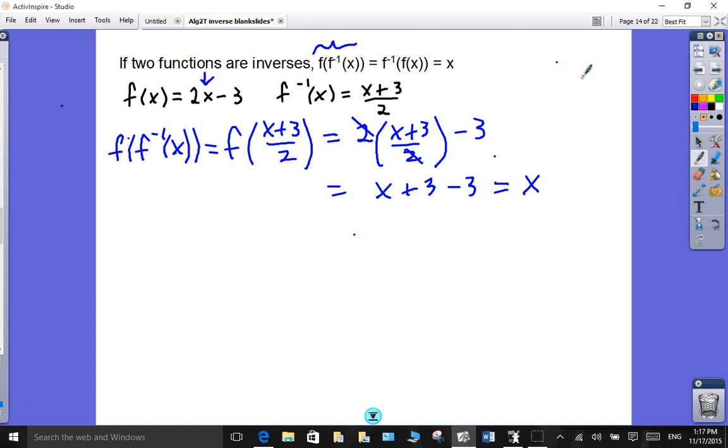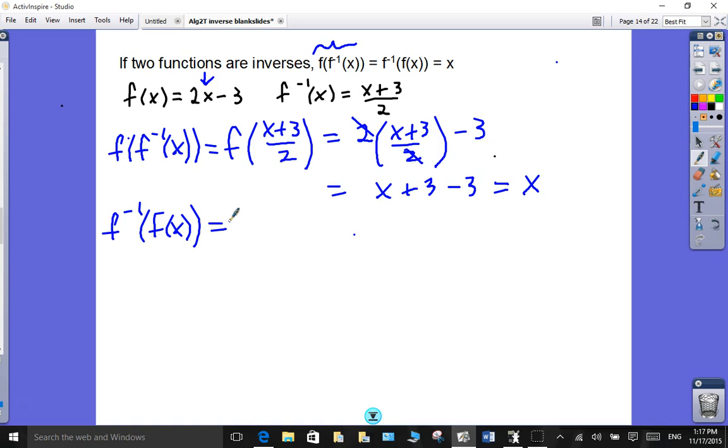Now we need to reverse the order of these. It should work no matter which order you do it in. Remember, this is practice doing compositions from the homework last night.